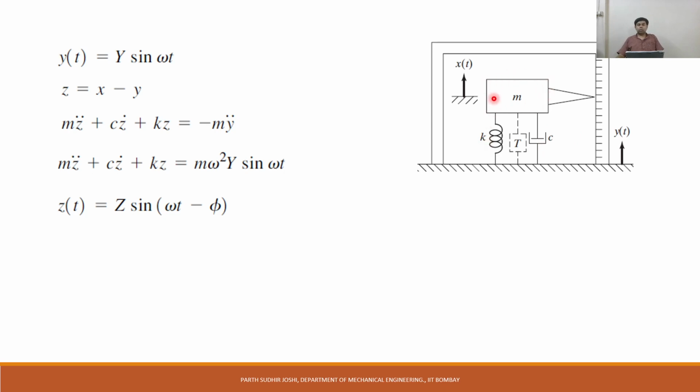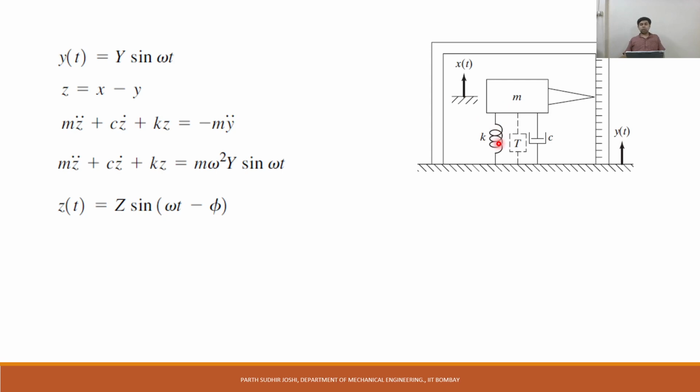Let us say our vibrating structure is oscillating with displacement y of t, represented by the hatched lines here. To this vibrating structure we have attached the vibration pickup, which can be modeled as a spring mass damper system. The suspended mass m represents the pickup or seismic mass, and its displacement with respect to time is x of t.